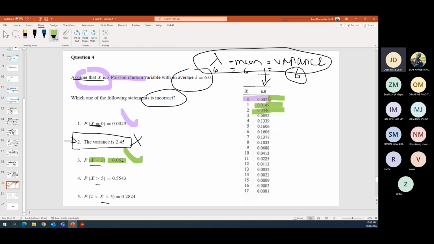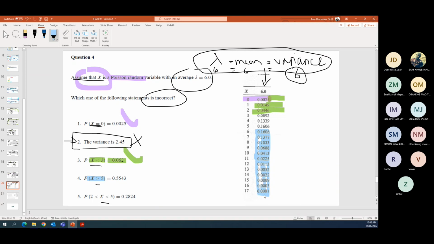Now here it becomes interesting. Bigger than 5. Bigger than 5 is 6 and more, so all of them.